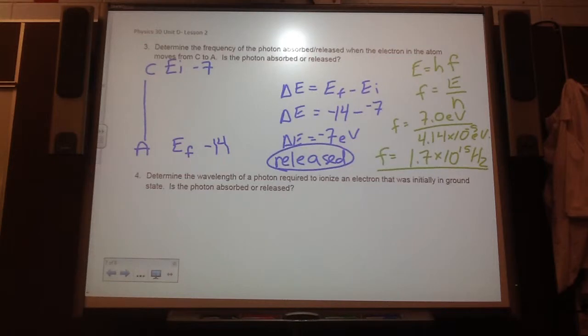Okay, so I got 1.69 times 10 to the 15, but we'll use 2 sig digs because in the graph there's just 2 sig digs. So then I rounded to 1.7. You said it as... Oh, sorry, I probably did. That's my fault.